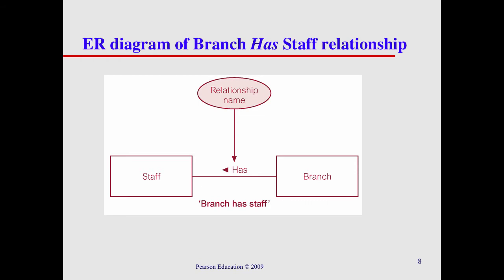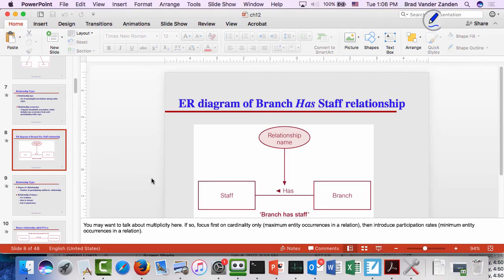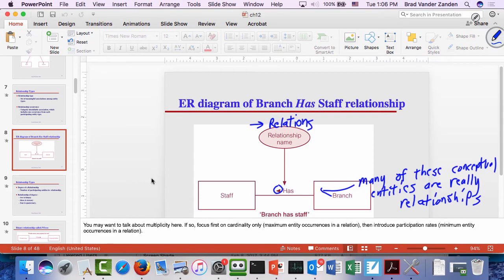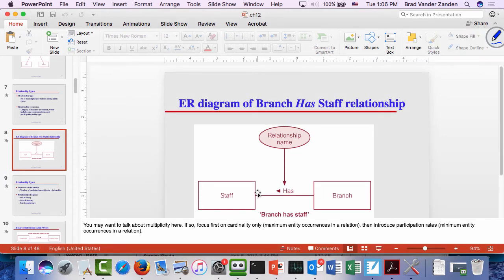When you create the entity relationship diagram, you may not know how to initially put this arrow here. The book puts the arrow there. If you put it on the line, I'm fine. I don't care if you put it on the line rather than next to the label.